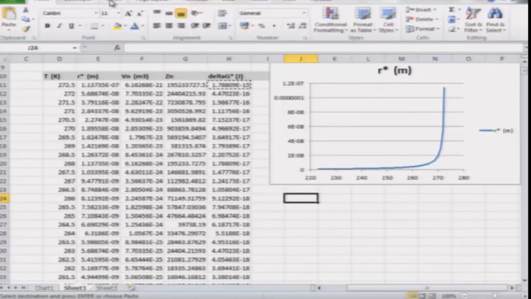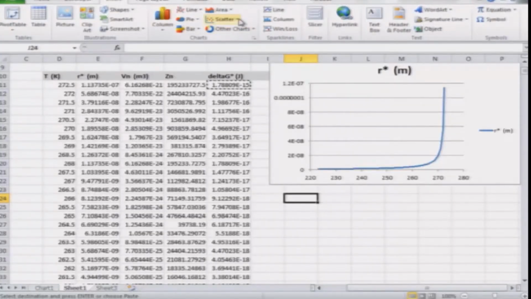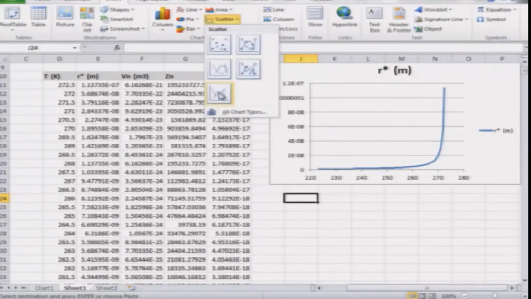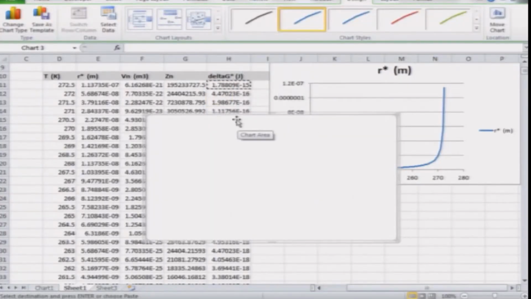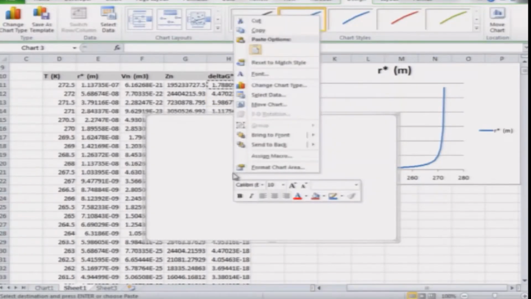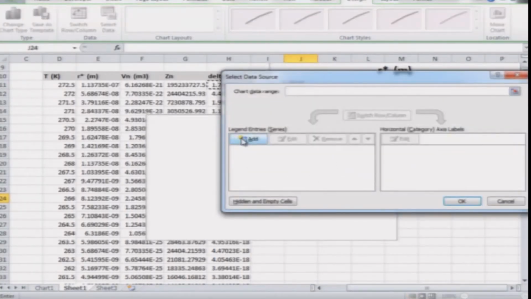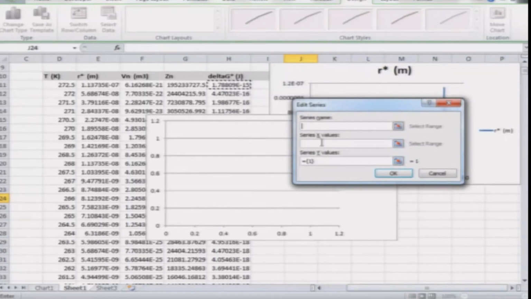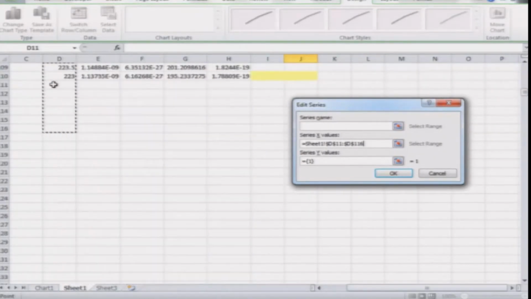Now, let us just quickly plot this delta G star versus R star as well. I will bring my cursor to an empty field this time, insert and make a scatter plot again, except that I am going to get a blank slate. On this I will now select the data, add.